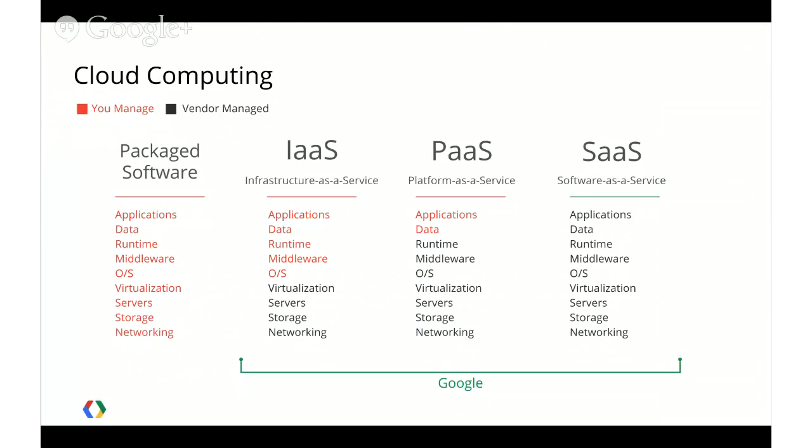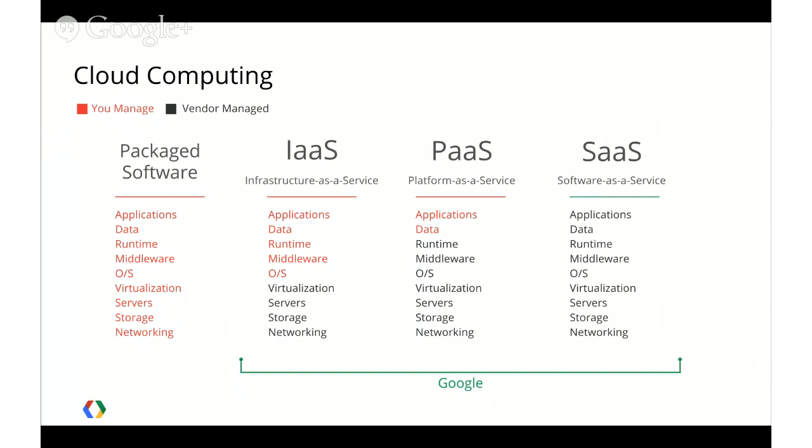So just to get a level set, we'll start out with some of the different definitions of what cloud computing is. Start out with what not cloud computing is: your typical packaged software. So you can think of everything that you have to do to run any type of application, especially a web application. You need to purchase and allocate networking devices, storage devices, and servers. Then you might use some virtualization software, or you may not, but you'd have to manage that.